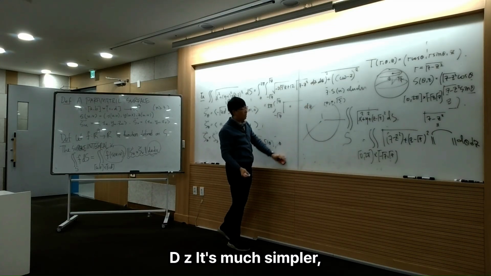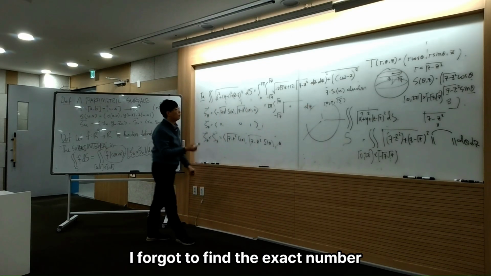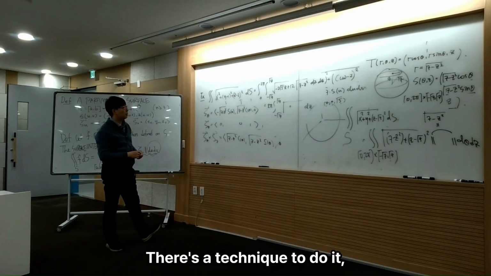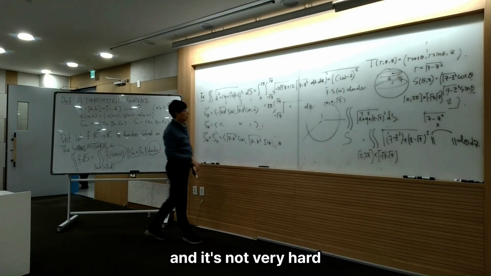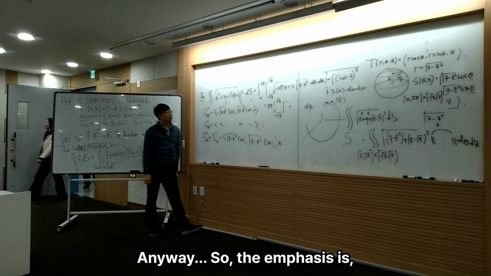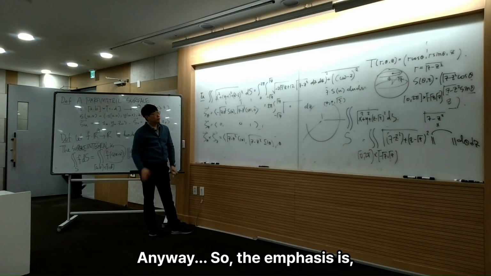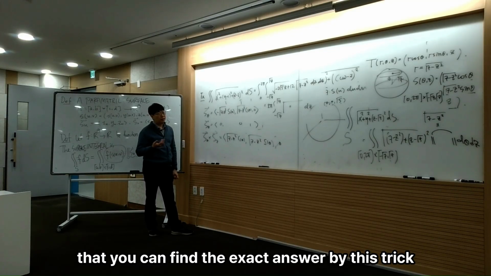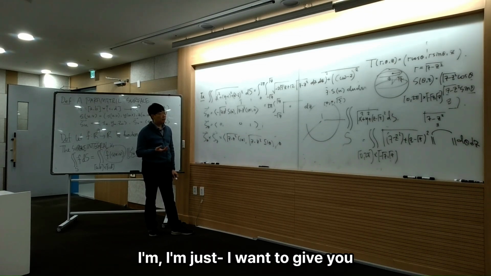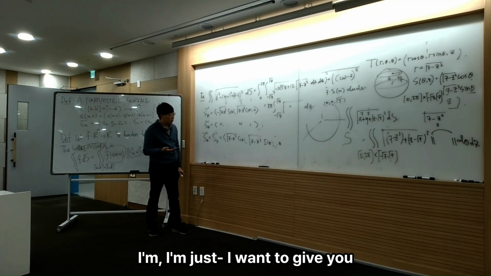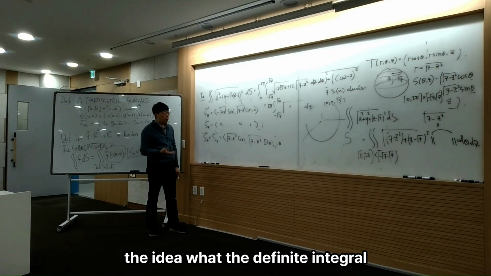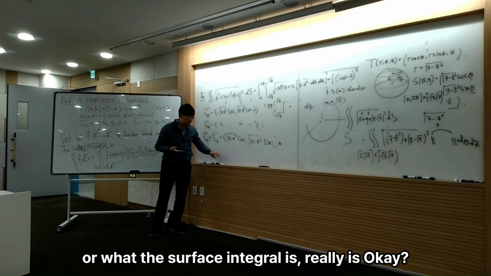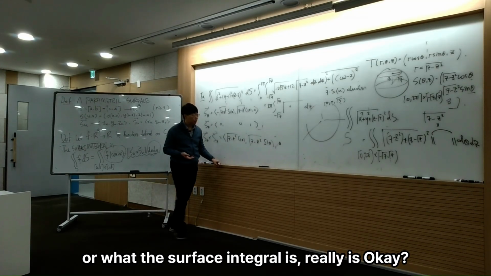It's much simpler. And you can actually get the exact number. I forgot to find the exact number. There's a technique to do it, and it's not very hard. Anyway, the emphasis is not that you can find the exact answer by this trick. I want to give you the idea of what the definite integral, or what the surface integral, really is.